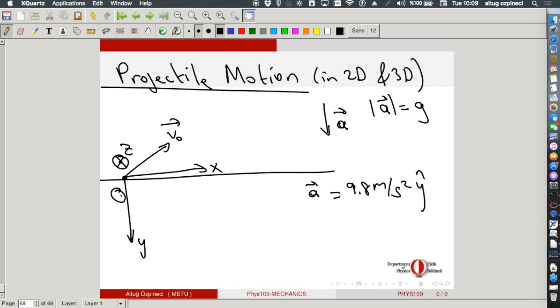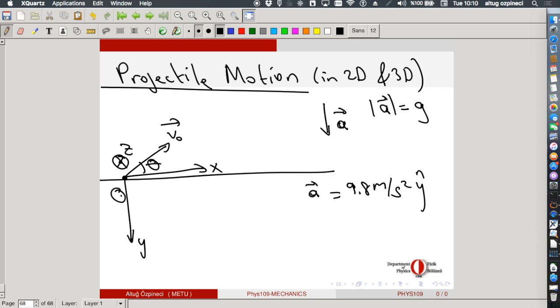Well, it's correct, let's say, but if you look at this problem, we know that g has this value, 9.8 meters per second squared, but there are all the other parameters whose numerical values we do not know. We don't know what the initial speed is. We don't know what this angle is. We cannot put numerical values at this point for parameters like theta and V0.